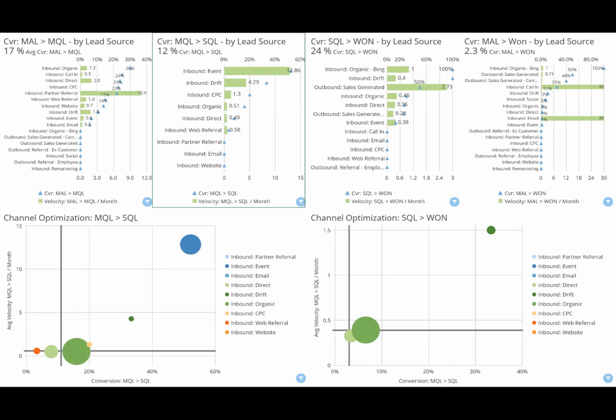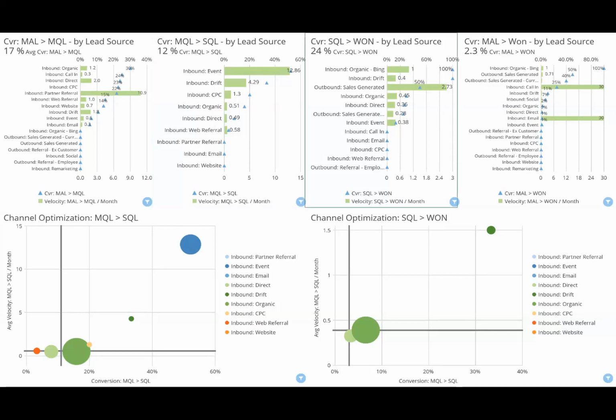Inbound partner referral, they haven't really qualified any of those leads, and so there's no movement there. This is part of the reason why there's always so much contention between marketing and sales, because you're looking at different parts of the funnel. Oftentimes, you're optimizing against different parts of the funnel.